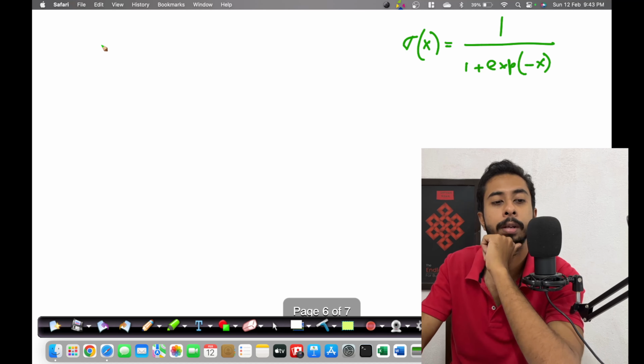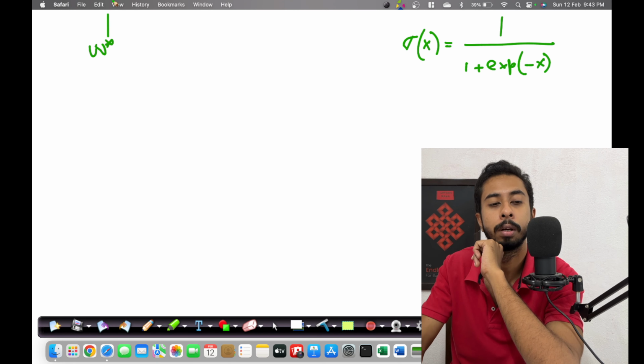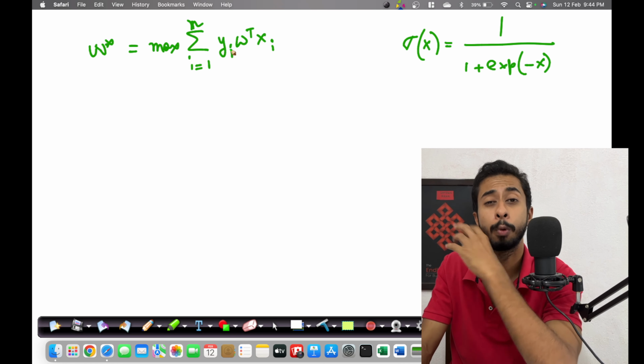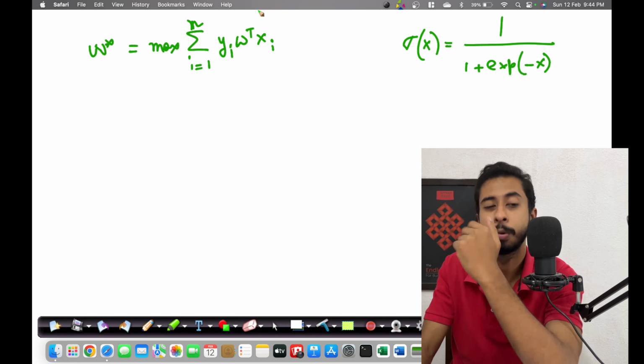So let's write it: w star, the optimal w, is equal to, we wanted to maximize, right? Maximize what? Maximize the summation of i equals 1 to n of yi w transpose xi, right? This is what our equation was, but this was prone to outliers. These are the problems with outliers, right?